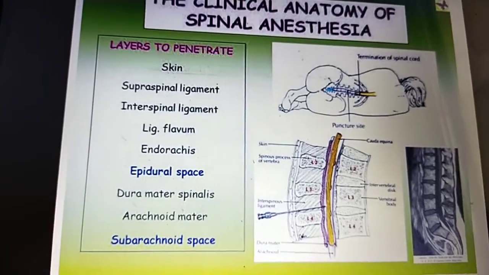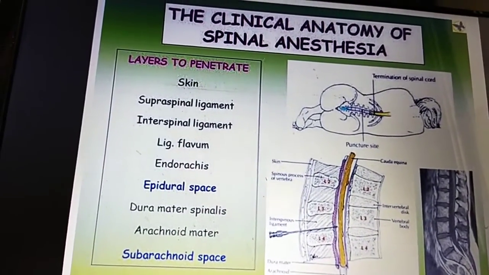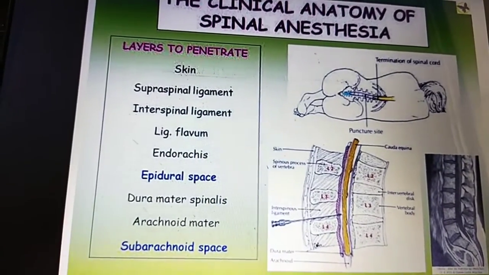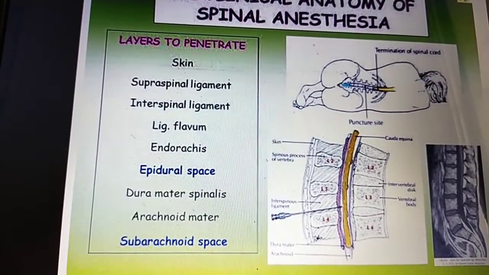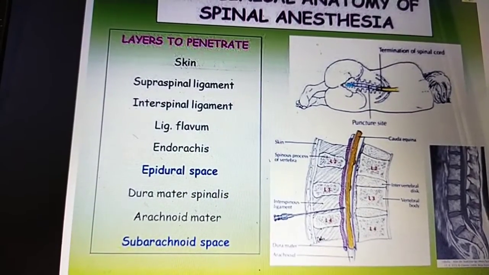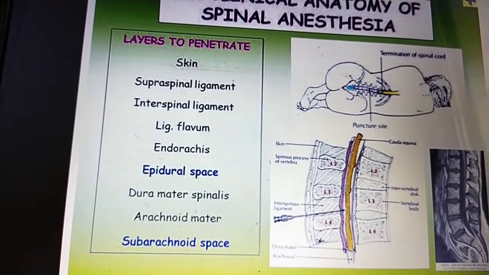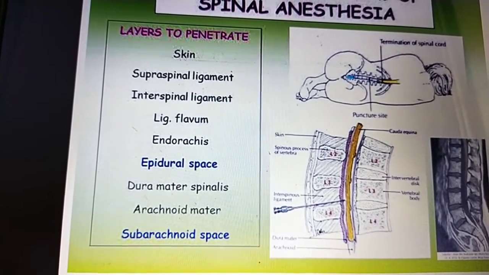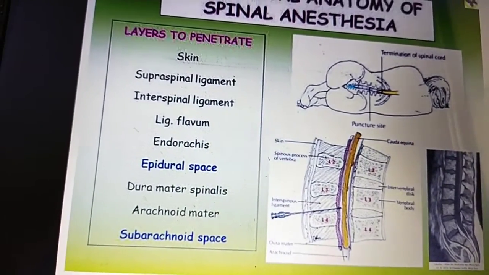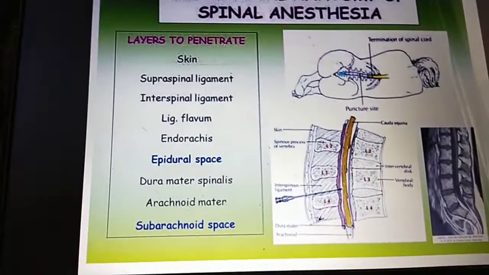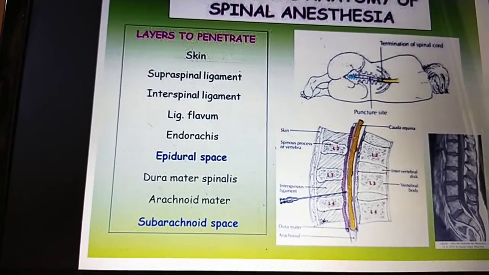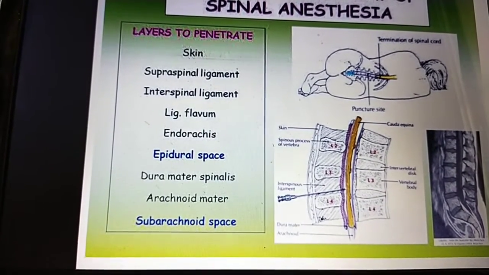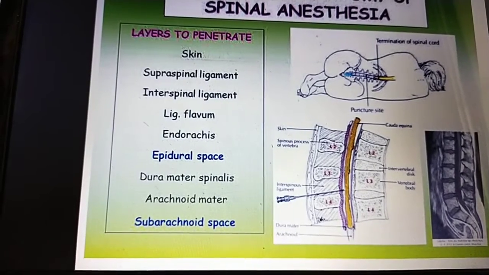Now we can go for the clinical anatomy, or applied anatomy, of the spinal cord. During anesthesia, it is very important. You may get epidural anesthesia, caudal anesthesia, or subarachnoid space anesthesia, because during that there is penetration of the spinal needle from the skin to the supraspinous ligament, interspinous ligament.